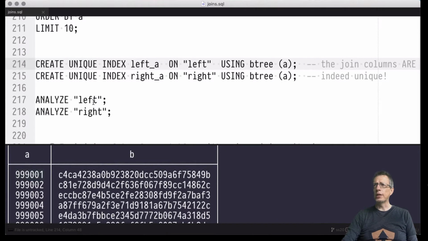I've already analyzed these tables. You see that I've used the unique modifier while I created the index. This prompts the system to check that the contents of the A column are unique. There are no duplicates to be found there. So the system is informed of the fact that we are looking at unique A columns in both tables. Okay, so much for the setup.